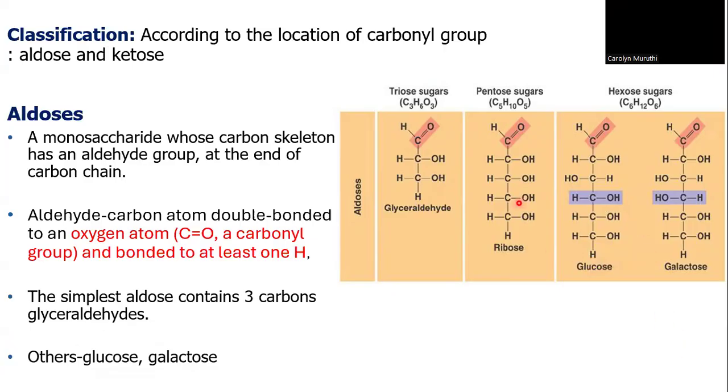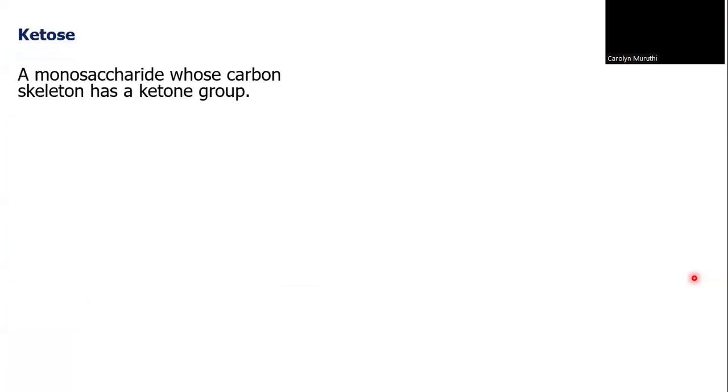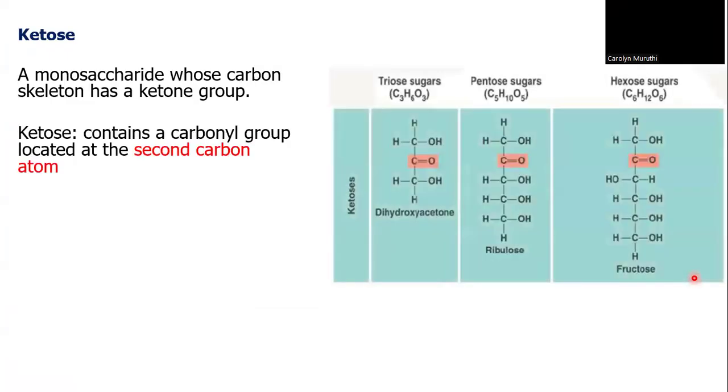You see that ribose is one of the components of DNA and RNA, that is in the nucleotide, whereas glucose and galactose are majorly involved in energy production in the human body. Looking at ketoses, these are monosaccharides whose carbon skeleton has a ketone group. And when we're talking about a ketone group, we're talking about a carbonyl group.